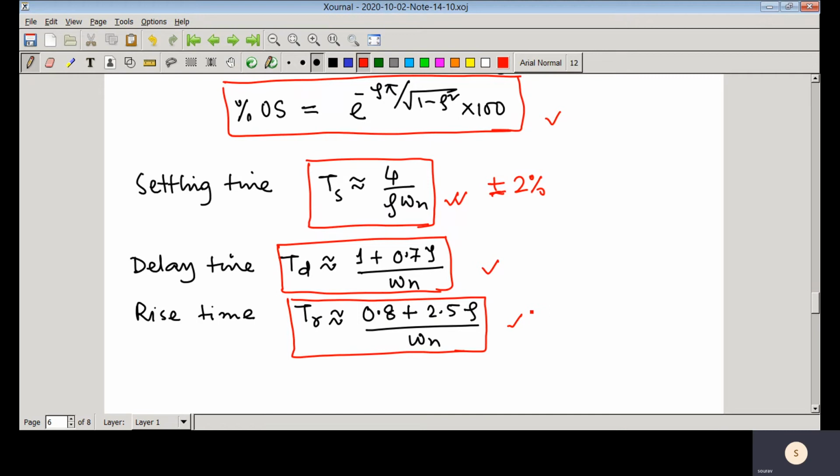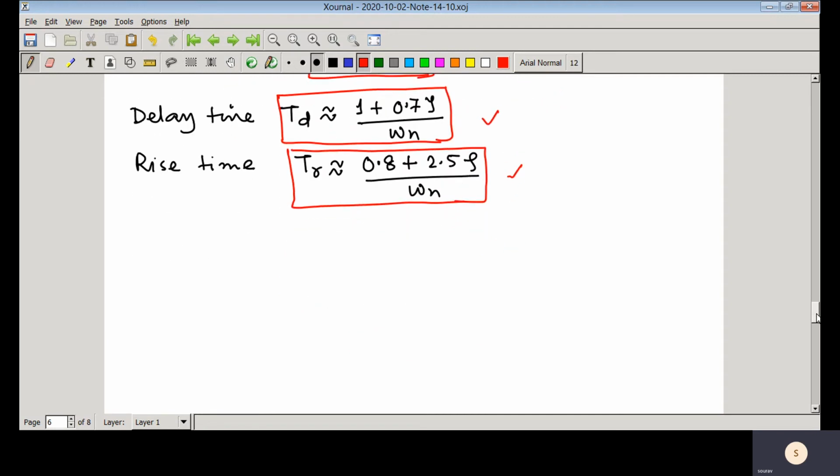So how can we get those relationships? If we have a second order transfer function and we vary zeta, we get different delay times and rise times, and then just by fitting a curve we can get the relationship, and here is that relationship for delay time and rise time.